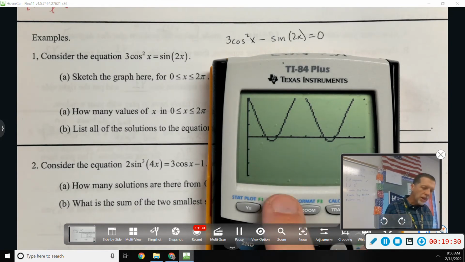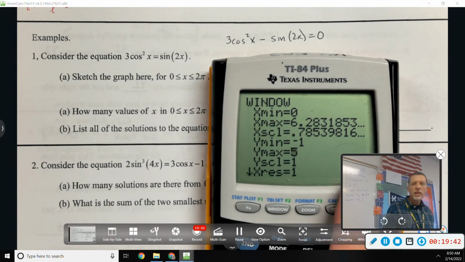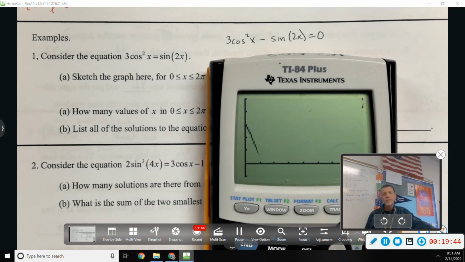If I want to play with the windows, what we talked about earlier, like if I want to see up a little higher, then my Y max needs to be maybe 5. My Y min doesn't need to be so low. So maybe I switch it to -1 to 5. Then I can see the whole graph. That's not necessary. As long as you can see the 0, you'll be fine. Again, some people go overboard with that.